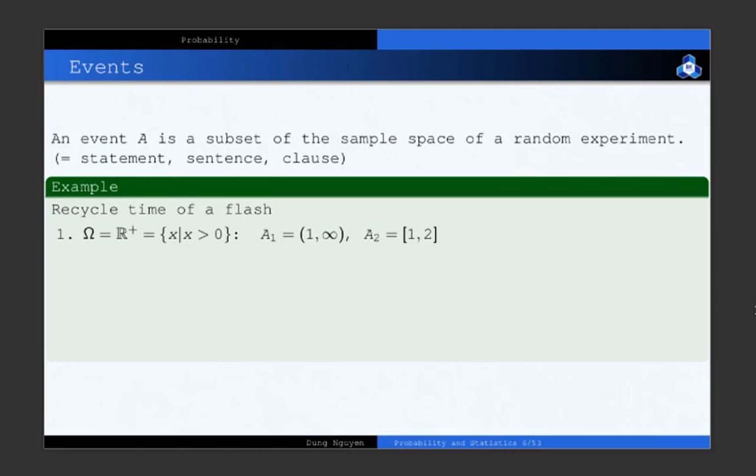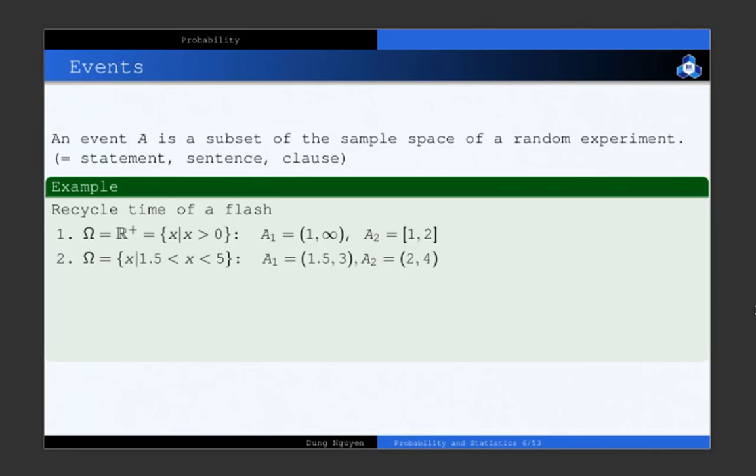Another event is the set (1, 2). What does that mean? It means that the recycle time of a flash will be between 1 and 2 seconds. Or let's say A1 is the event that the recycle time of the flash is at least 1 second.